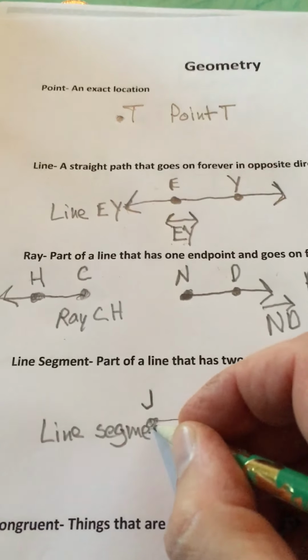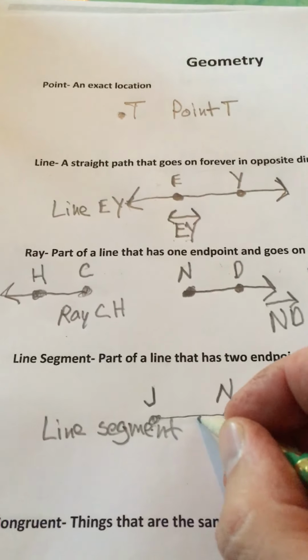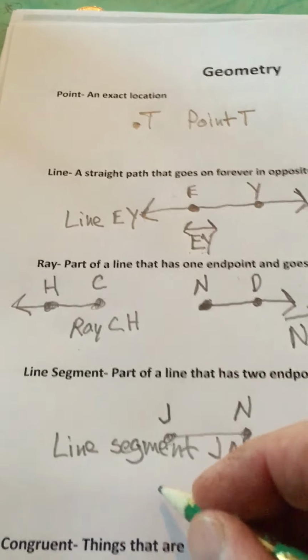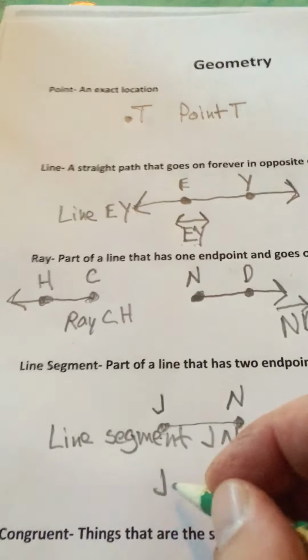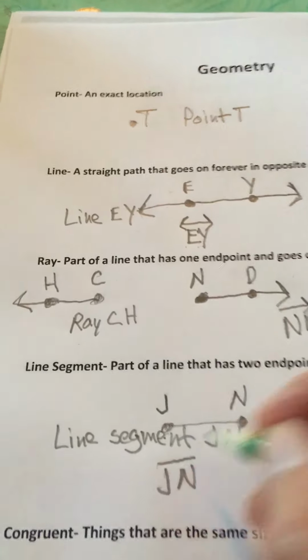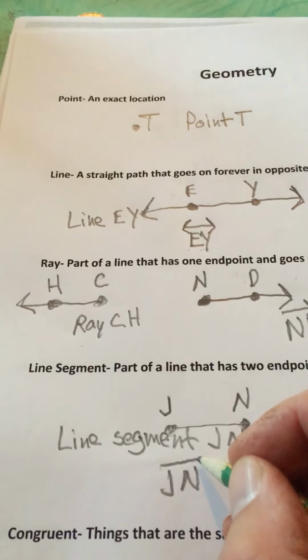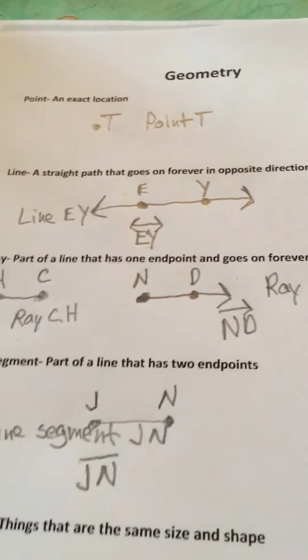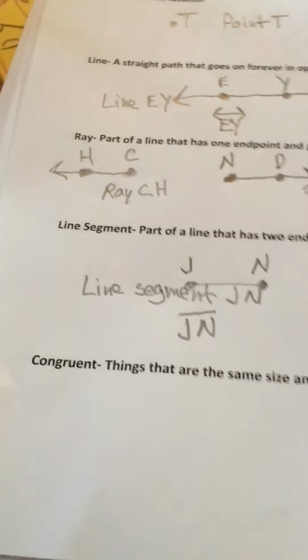Oh boy, it's hard to write like this. I'm writing through my phone. Okay? And then the shorthand would be JN with just this over. See? You don't have to draw endpoints, but there's no arrows on it. So that's a line segment. That's Jordan. Hey, Jordan.